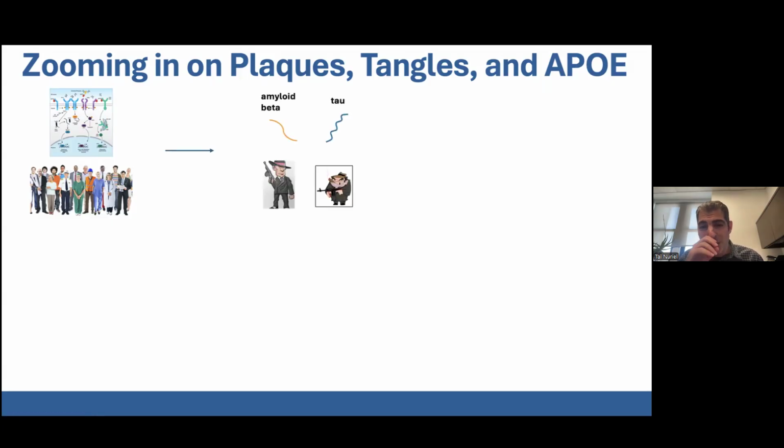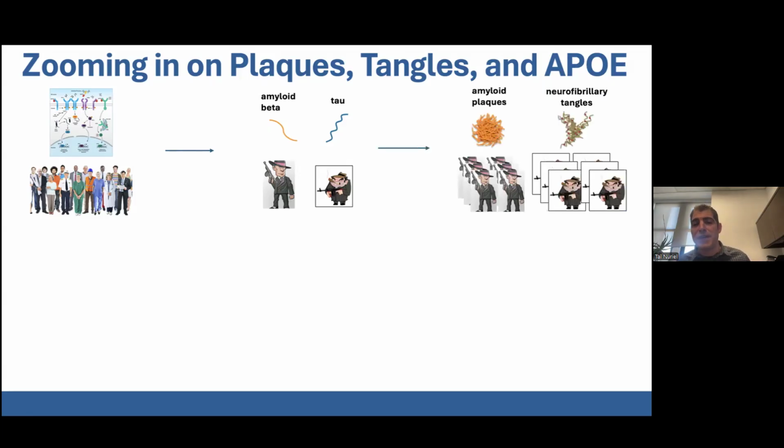But every once in a while, you do get some proteins that go bad, in the same way that you get some people that go bad. In the first seminar, I used this analogy of these 1920s gangsters, which was a fun way to depict some bad guys. So in our brain in Alzheimer's disease, the proteins that go bad are amyloid beta, which is technically a part of a protein, a peptide, and tau.